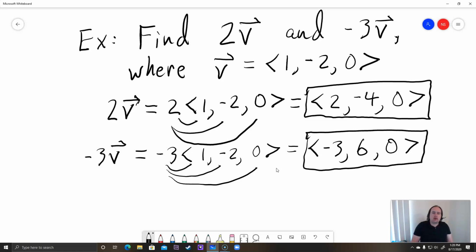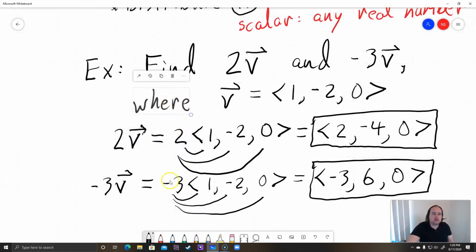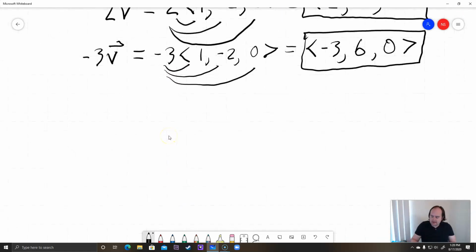Okay? And what does scalar multiplication mean when you look at it in space? Well, the basic idea of the graph of scalar multiplication is if you have a vector v, it's going to be a line segment with a direction.